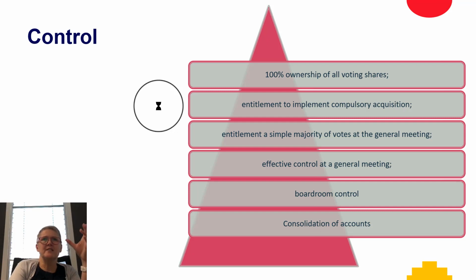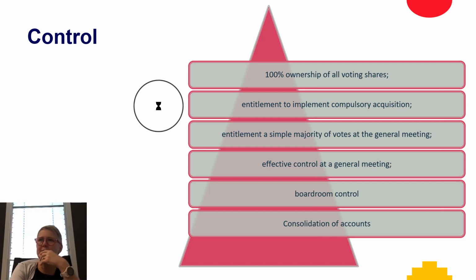Once you've got the entitlement to a simple majority of votes at a general meeting, that is an element of control as well. At 50%, you can veto an incoming director. They're actually sitting in a funny order here. The one that's missing is at 75%.